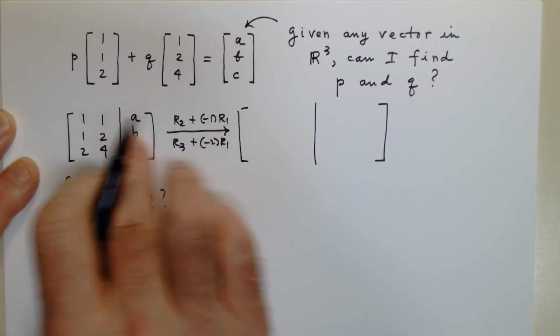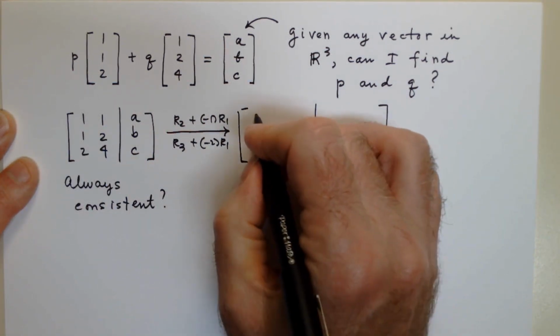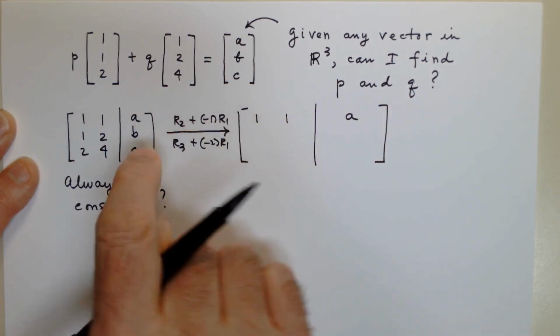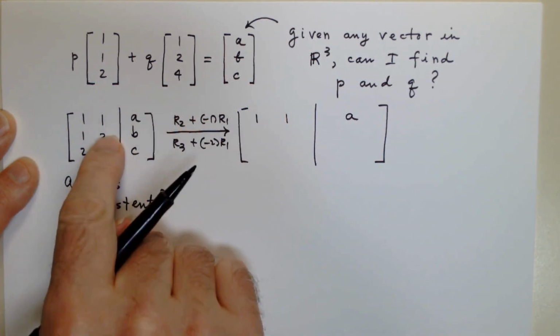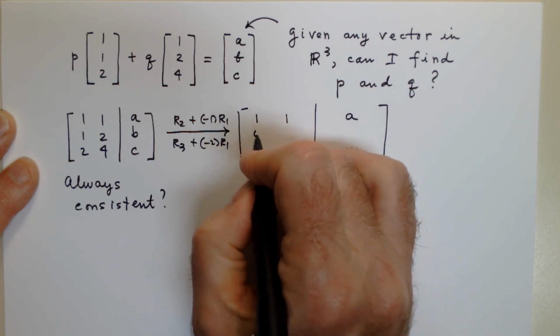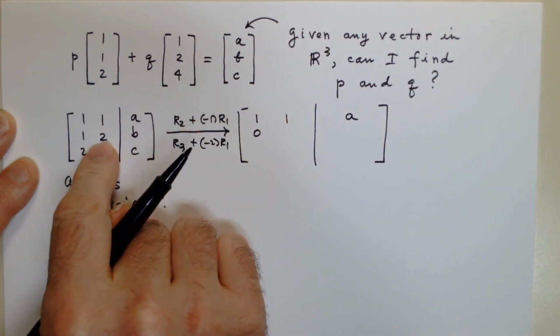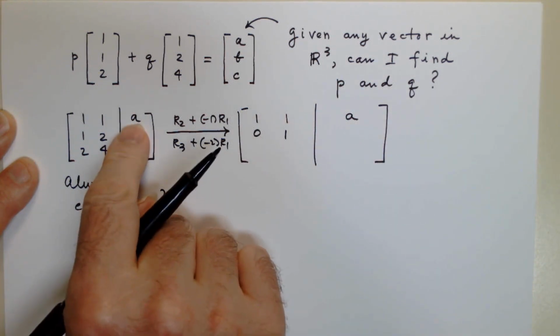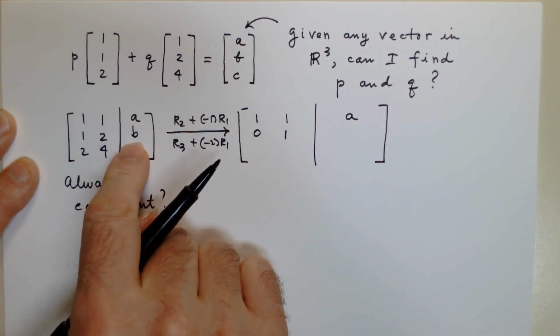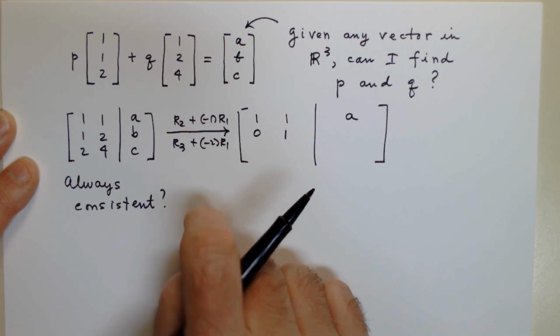Okay, so what's going to happen is row 1 is not going to change. -1 times 1 is -1, so 1 plus -1 is 0. I'll have a -1 added onto the 2. That's going to give me a 1. Minus a added onto the b will be b minus a.